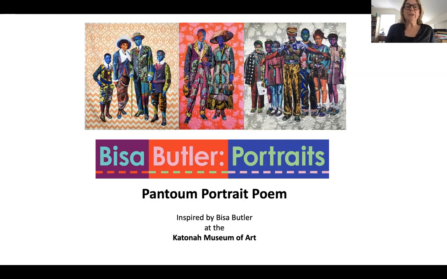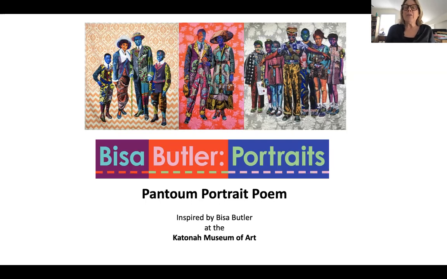We're going to do a few things together. I'm going to share with you two of the portraits that are in the exhibition so that you can pick one or the other, or even both if you're that inclined. I'll talk a little bit about the Pantoum form itself. Then I'll go with you through the process of collecting words and ideas and some strategies that I use as a writer, as a poet.